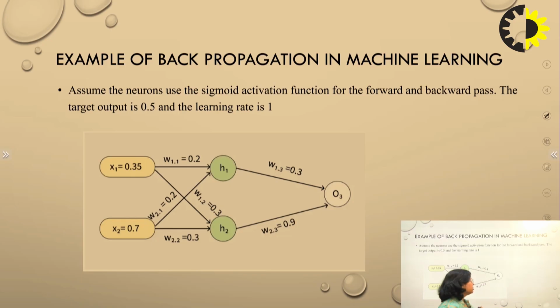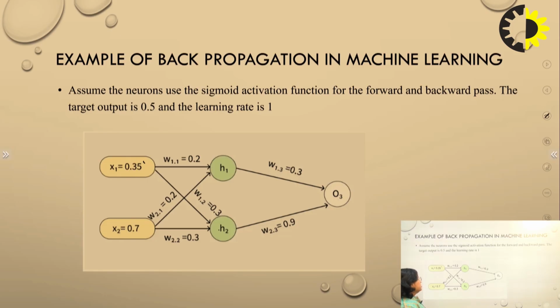This is the neural network, with two inputs, x1 and x2. The value of x1 is 0.35, the value of x2 is 0.7, and the weight from x1 to h1 is 0.2, and in the other direction the weights are 0.2 and 0.3.